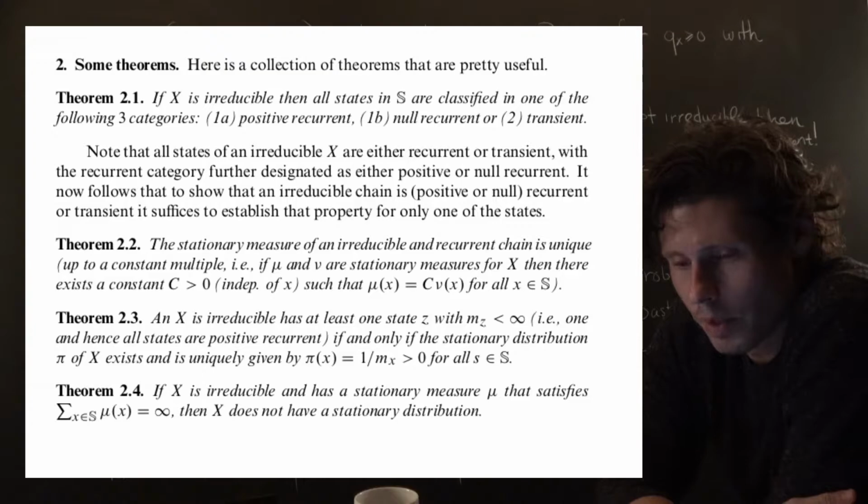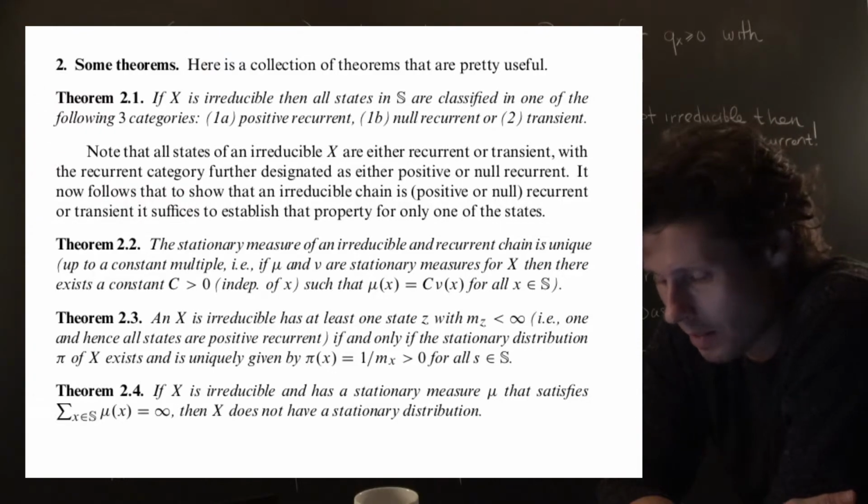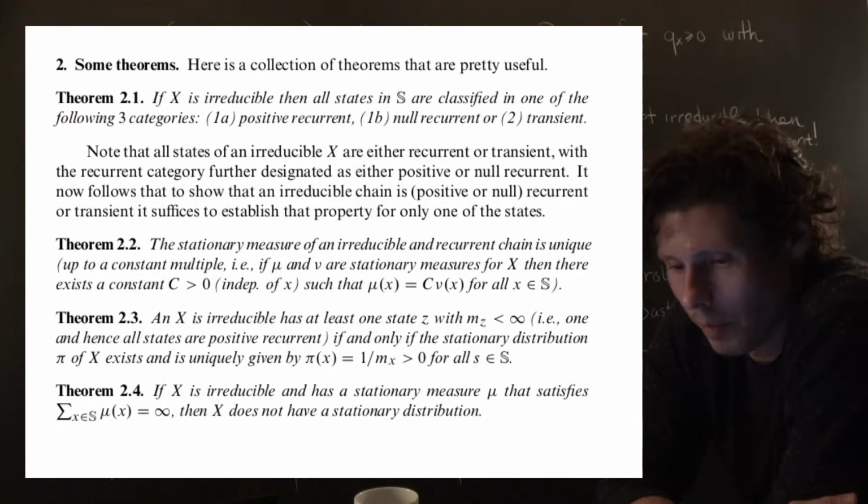Theorem 2.1 is telling us that if x is irreducible, then all the states in the state space fall into one bucket, one category. And once you have an irreducible chain, you know that if one of the states is recurrent, then all of them are. And if one of the states is transient, then all of them are.